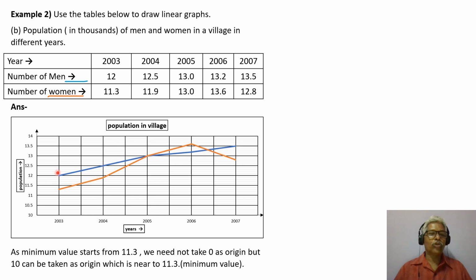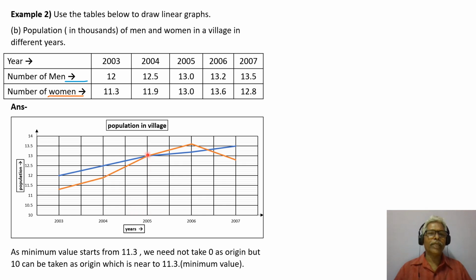So draw this graph, the blue one for men, and a similar one for women, and color it in a different color, that is the pink one. See, it is 11.3 here, and here it is 11.9.